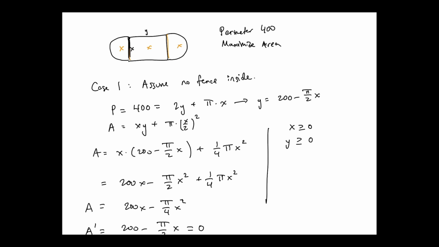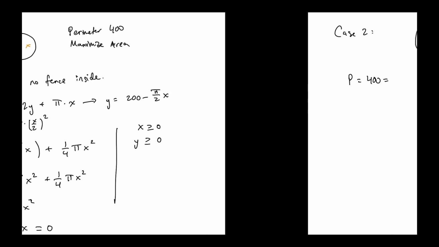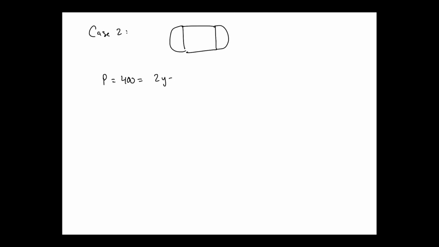What changes this time is our perimeter formula, because now we have our old perimeter formula, which was 2y plus pi x. But now we also have 2 x's, because we've got those 2 internal segments.